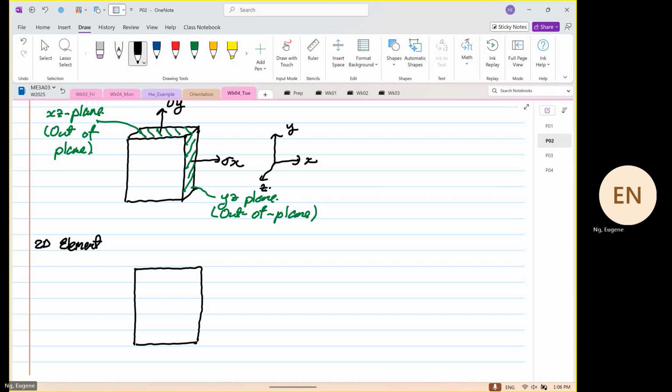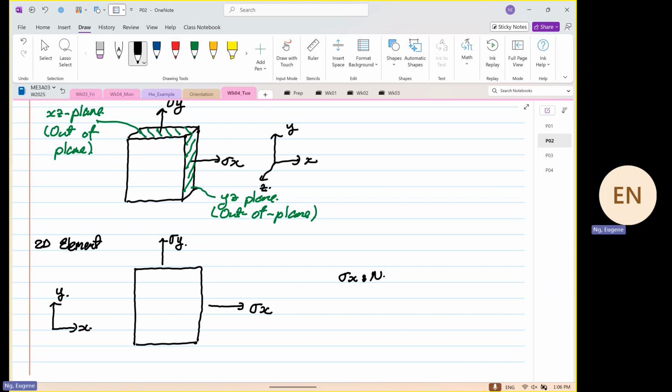And this is our transformation, X and Y. So what we have over here is stress X and stress Y.